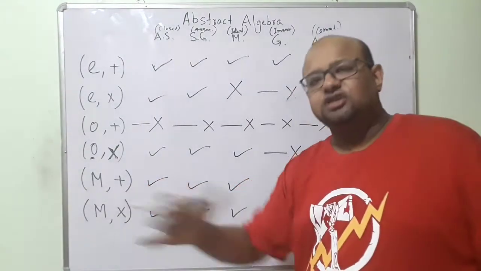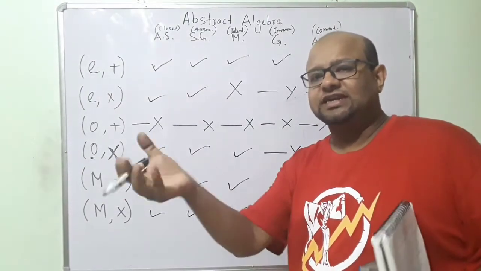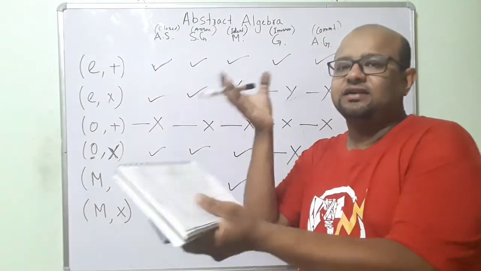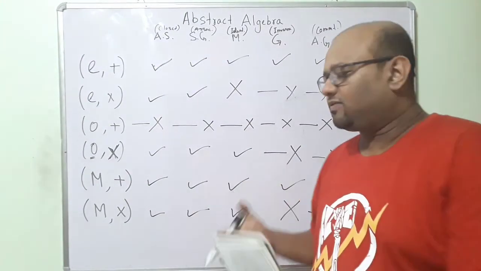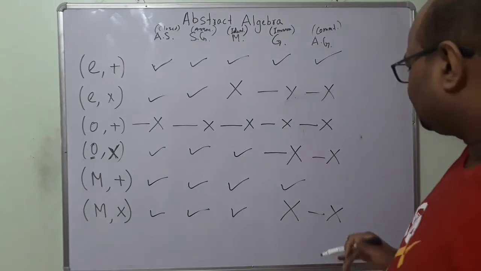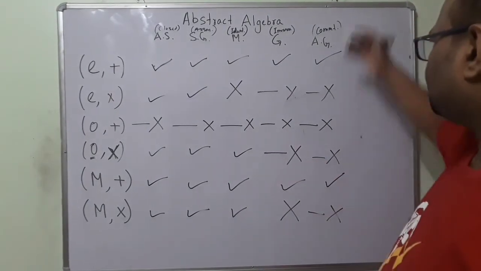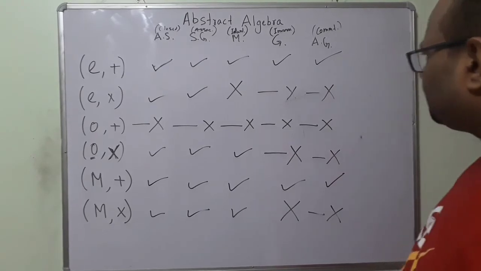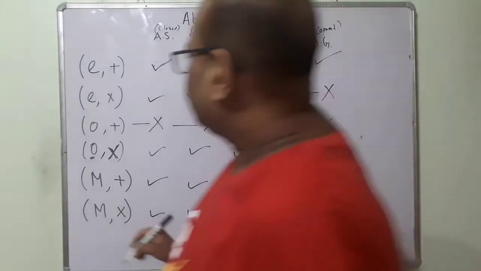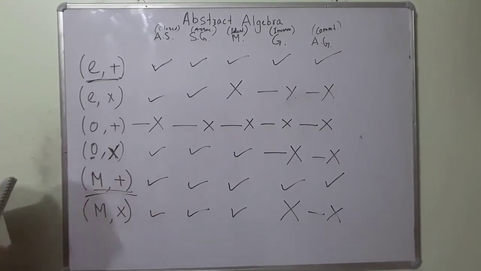Matrix addition is also commutative. It's essentially scalar addition, one by one, for each element, each cell in the matrix. So this is also an abelian group. So I can see over here, this is an abelian group, and this is an abelian group. Alright.